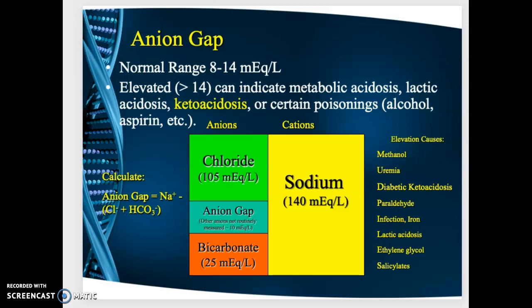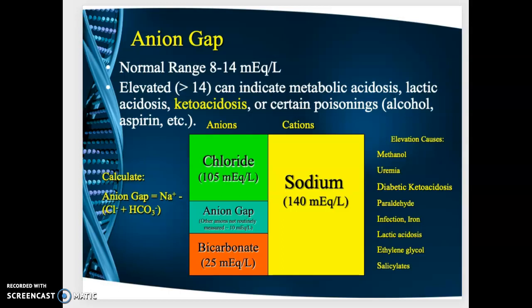And if the difference between the cations and anions is greater than 14, then it indicates that the patient is in some type of acidosis, either a metabolic acidosis, a lactic acidosis, a ketoacidosis, or some form like that. And so this is called the anion gap.